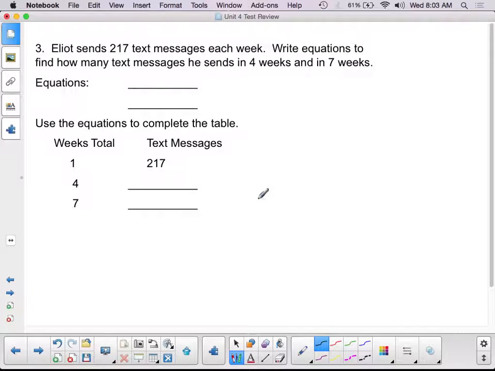Let's look at problem 3. Elliot sends 217 text messages each week. Write equations to find out how many text messages he sends in 4 weeks and in 7 weeks. So, if he sends 217 text messages in a week, one possible equation could be, if you take 217 and multiply it by 4 weeks, equals text messages.